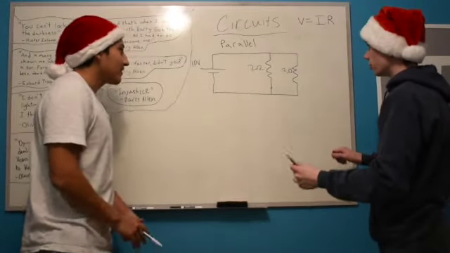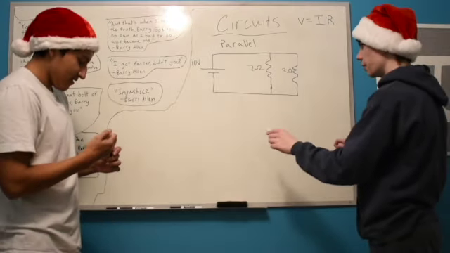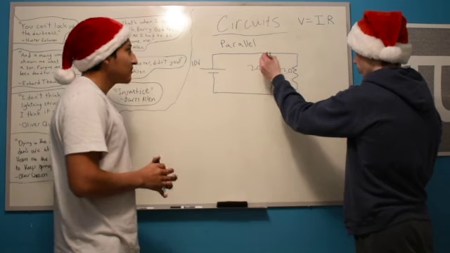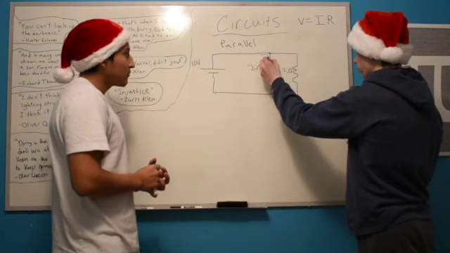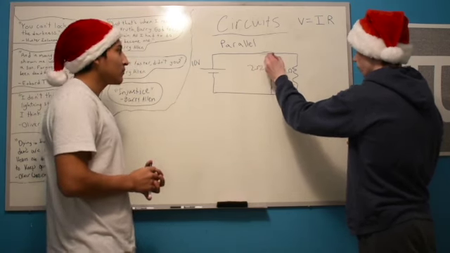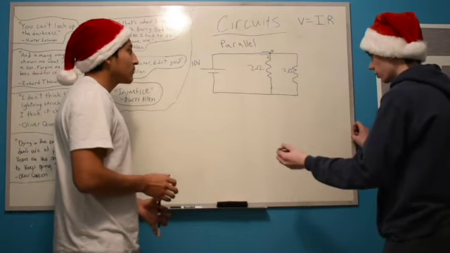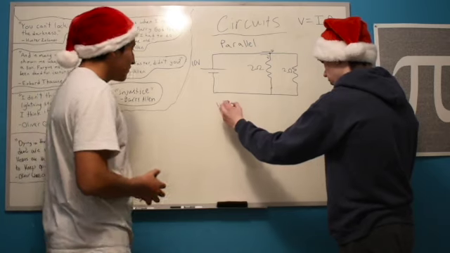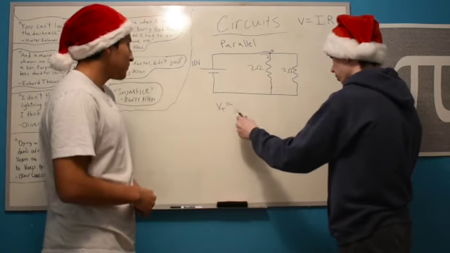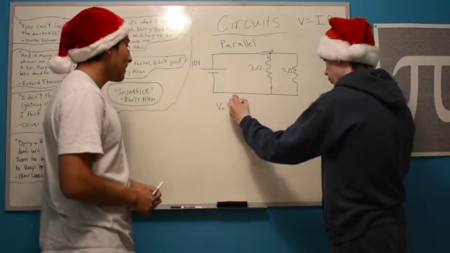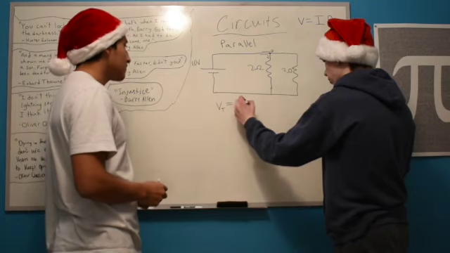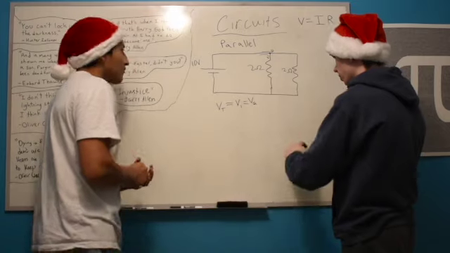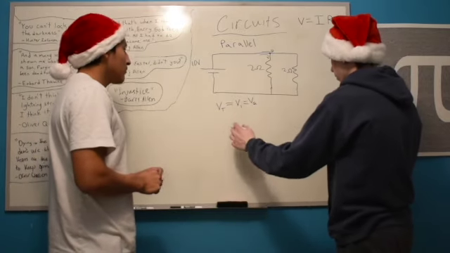Okay, so this type of circuit is a parallel circuit, where you have junctions where the current could either flow here or it could flow here. The voltage in a parallel circuit is equal everywhere, unlike series, where the voltages add up to the total.